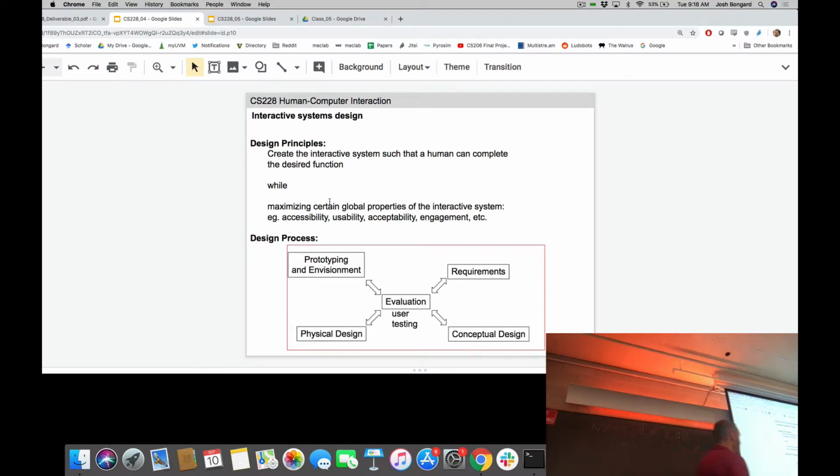In HCI design, there is definitely not a waterfall model. Usually it looks something like this. At the center here is evaluation and user testing. On Thursday or maybe next week, we'll talk about these other 4 elements of HCI design.